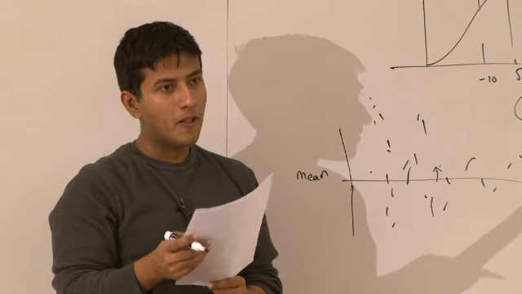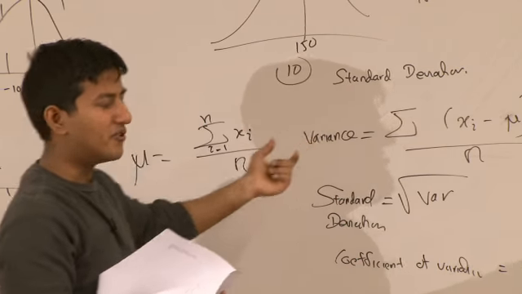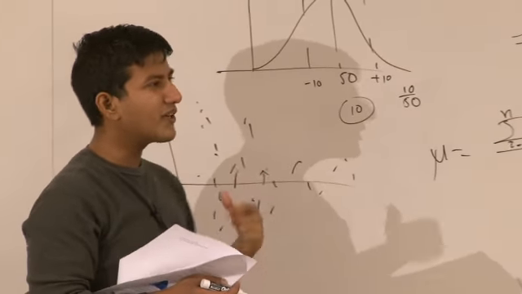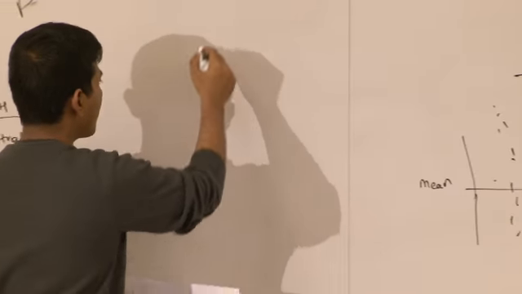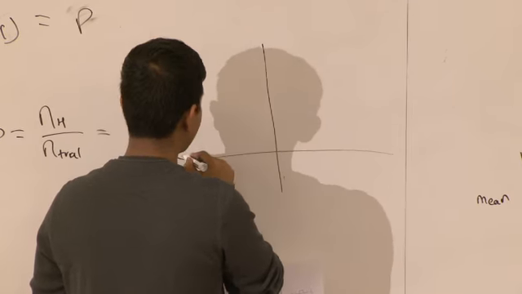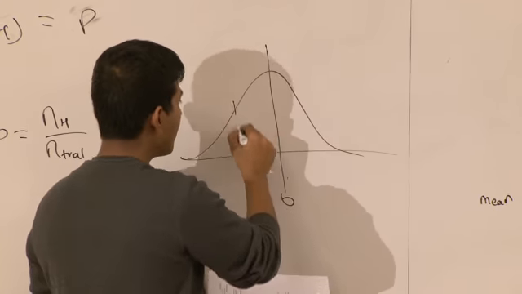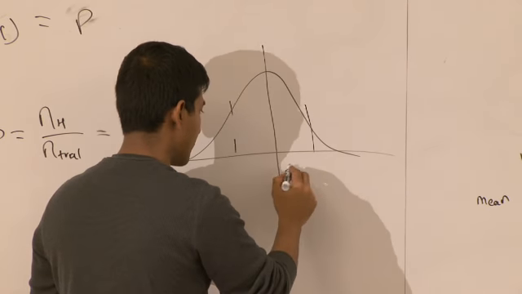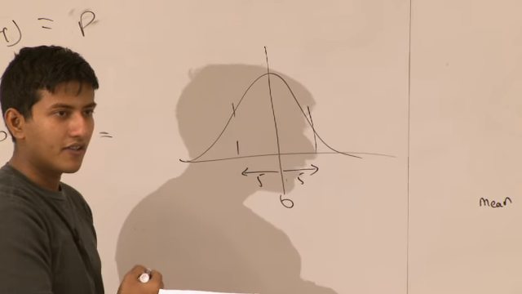Okay. Now, what is the use of the standard deviation? Or how can we use them? Okay. Let's look at this graph, where suppose the mean is 0, and the standard deviation is, say, 5. Okay.